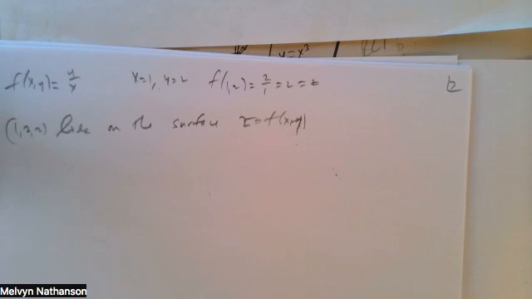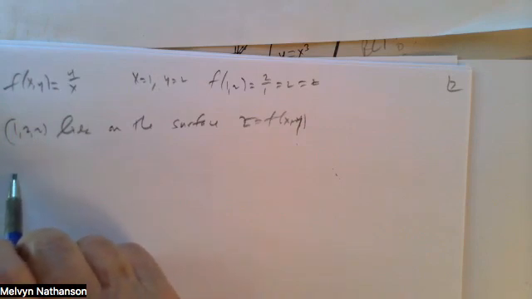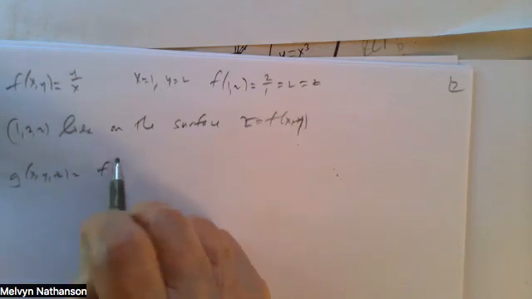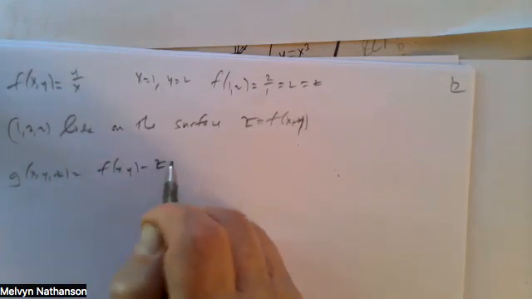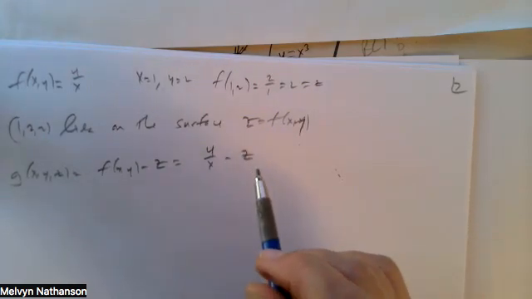So the straightforward way is to say, suppose we look at the function, call it g of x, y, z, which is f of x, y minus z, or y over x minus z.